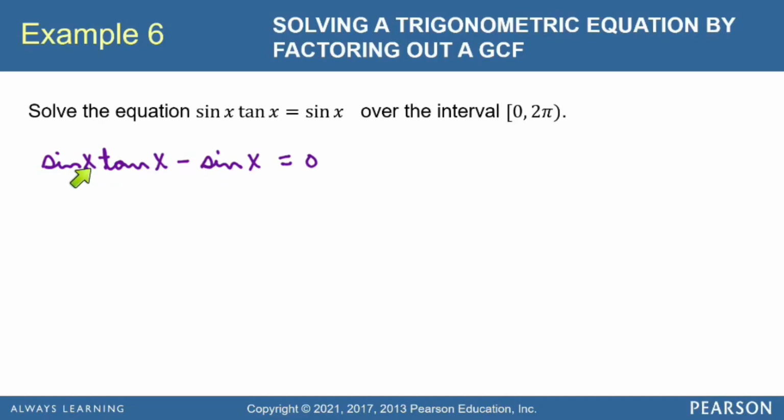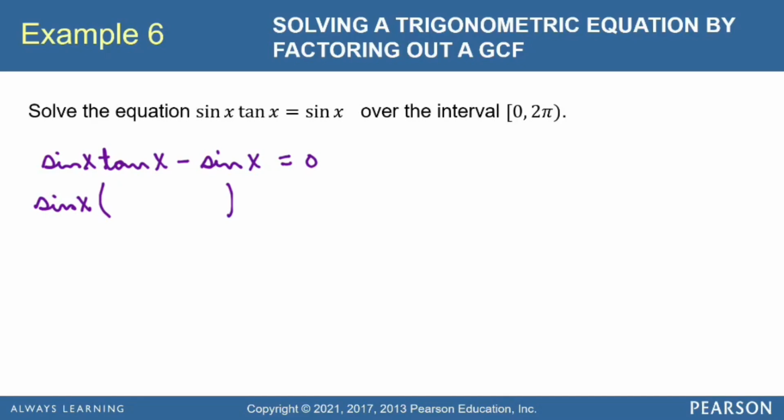Now notice that we have two terms here, and these two terms have something in common. They both contain sine of x, which means that sine of x can be factored out as a GCF. In other words, we can undistribute the sine of x. So if I do that, I'll have sine of x times some parentheses.